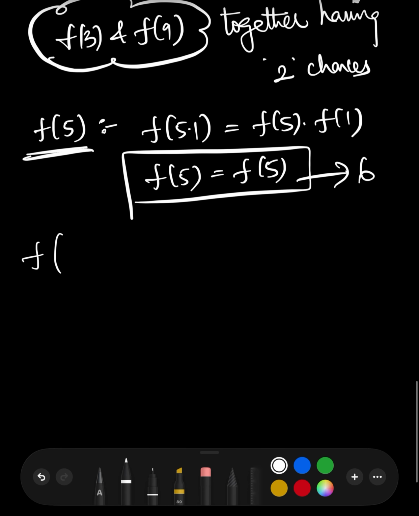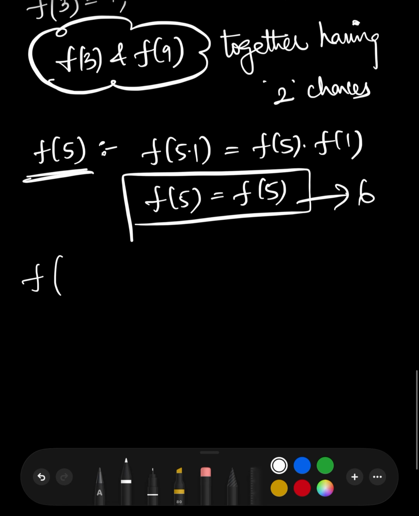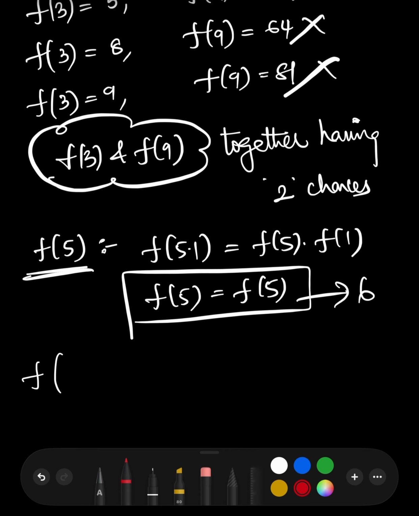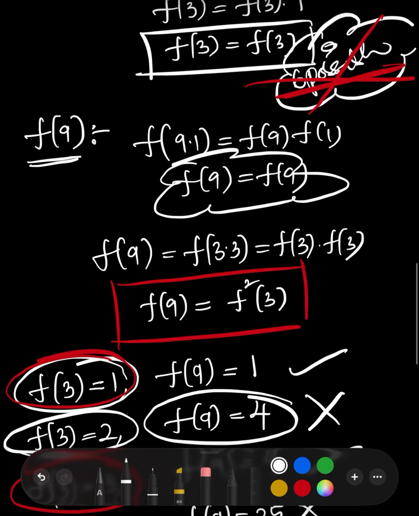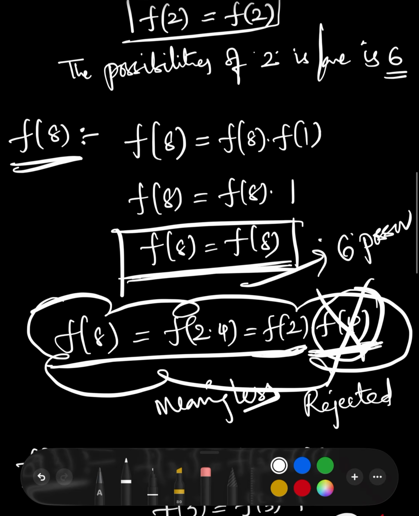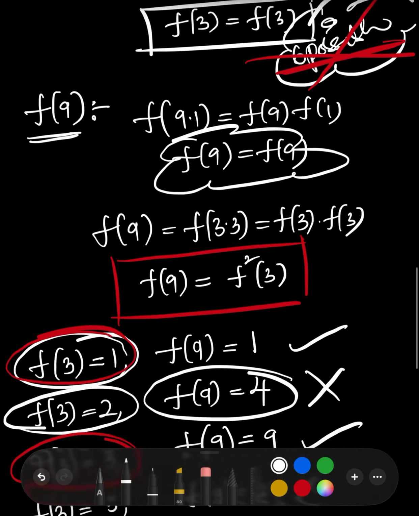And the last number, f of 8, is already completed. f of 8 has 6 possibilities, because f of 8 is not influenced by 2. Now here the only together chances are for f of 3 and f of 9.